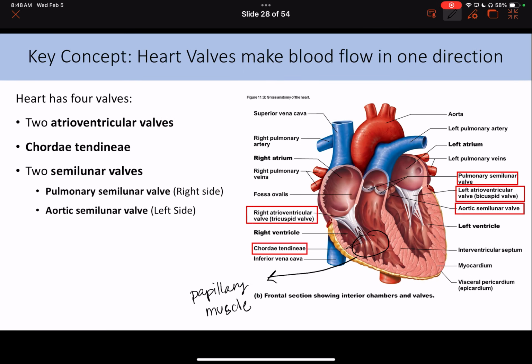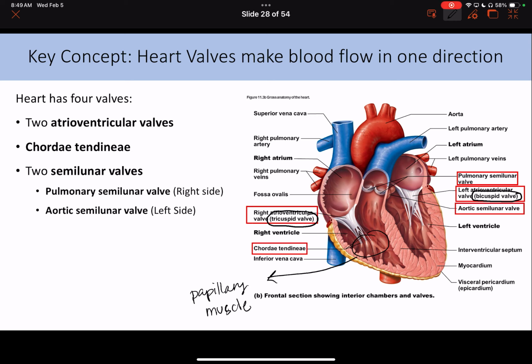And so we have 4 valves. We have 2 atrioventricular valves. You can call them the right and left atrioventricular valves if you would like, but they have other names that are used in the medical field. So we have the tricuspid valve on the right side, and then we have the bicuspid valve, also known sometimes as the mitral valve, on the left side.